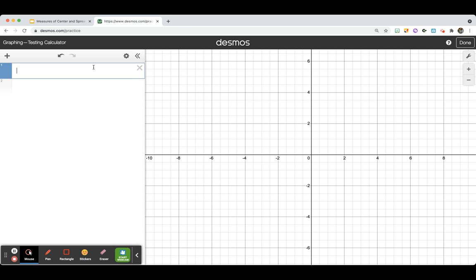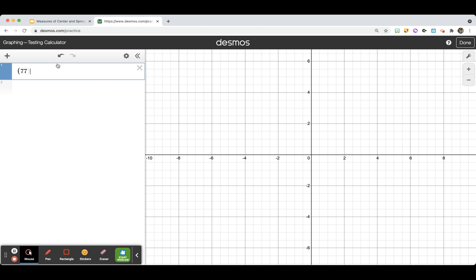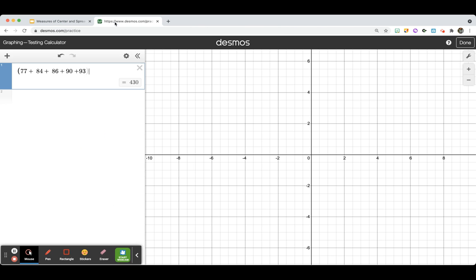You could put the sum in parentheses and divide by 5.